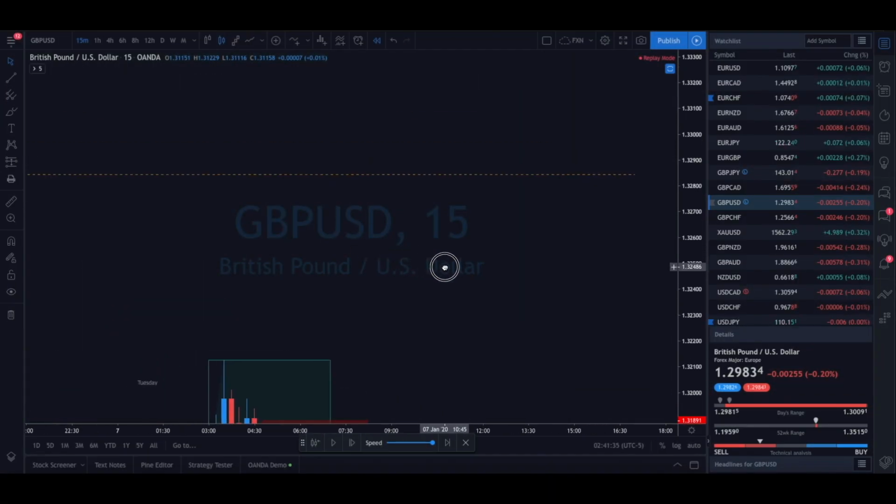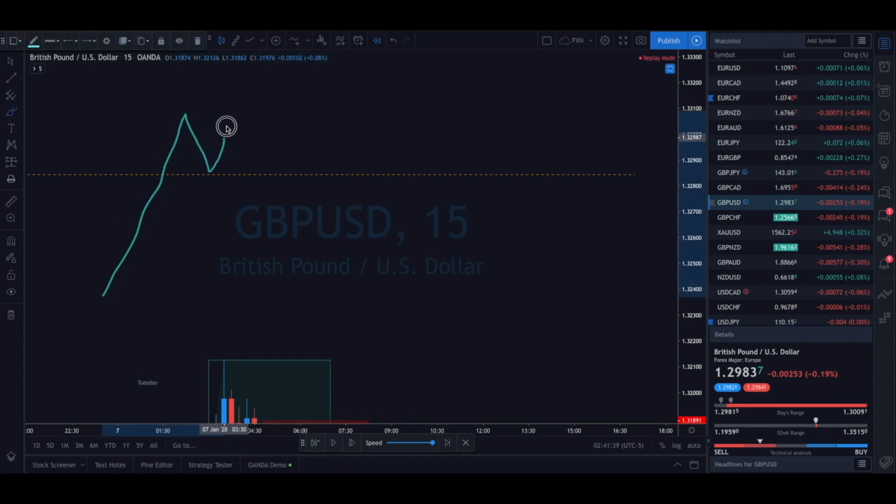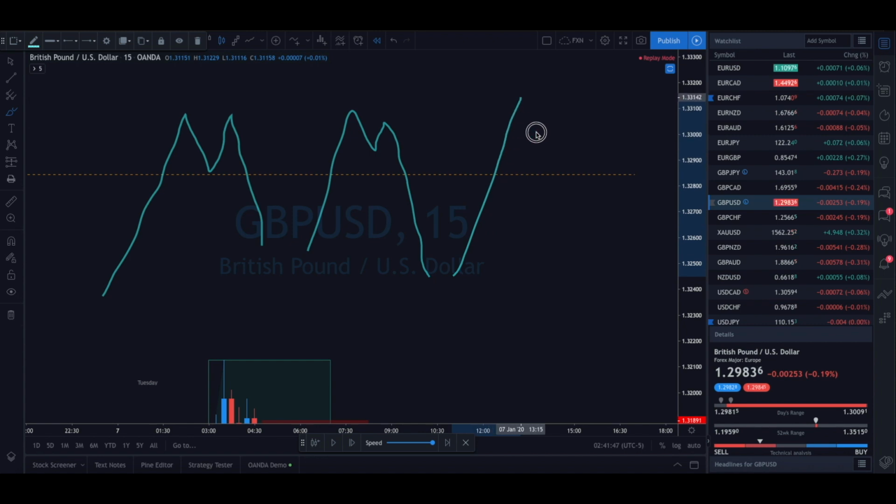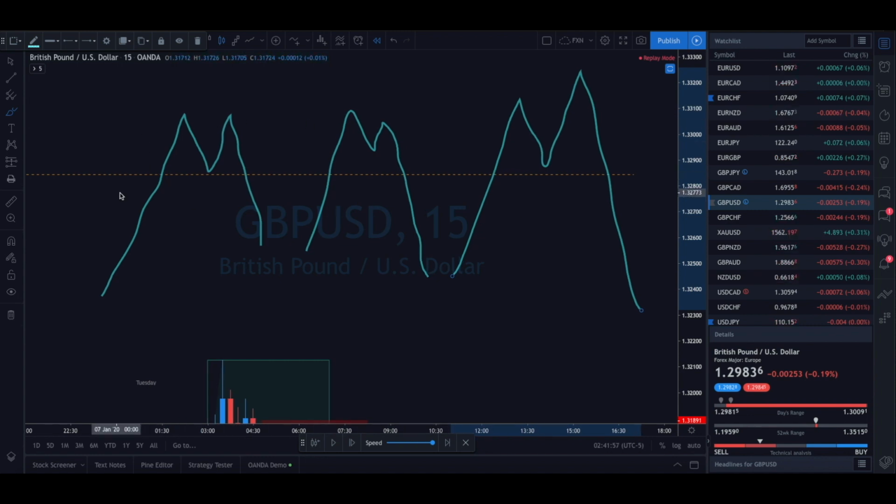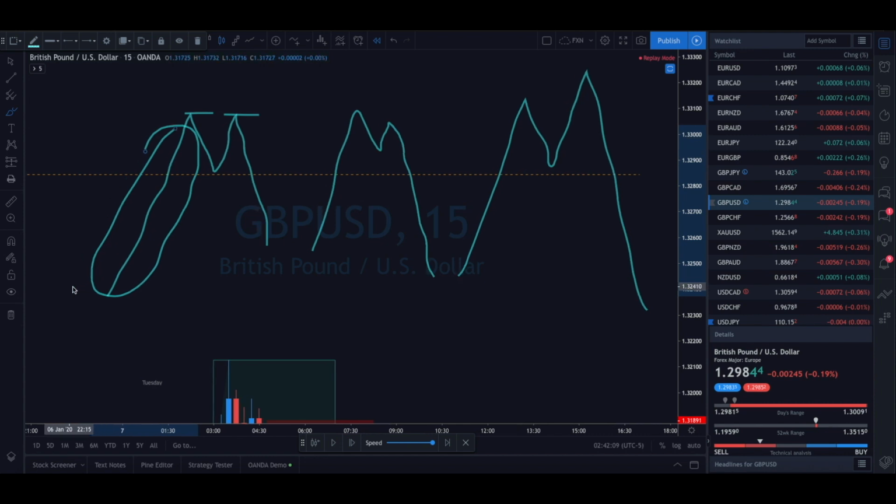Remember, there's only 3 possible M's, 3 possible W's, right? There's this M like this, this M like this, and then this M like this. So what's the difference in the 3 different M's? The first one is created because they have buyers that come in here with this false move and they buy.